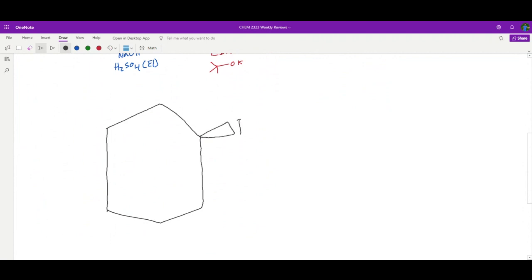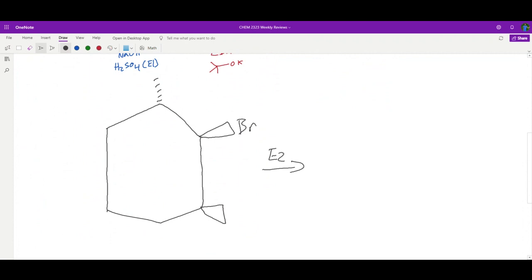Let's say we have our leaving group right there on a wedge. We have a methyl wedge adjacent to it, and a methyl dash adjacent to my leaving group. Okay. So my leaving group, and let's say you have to do E2.